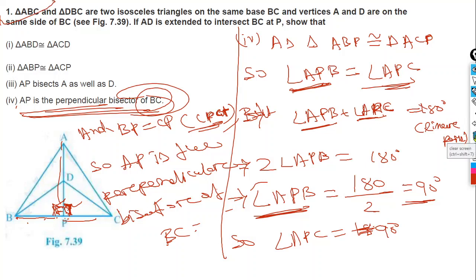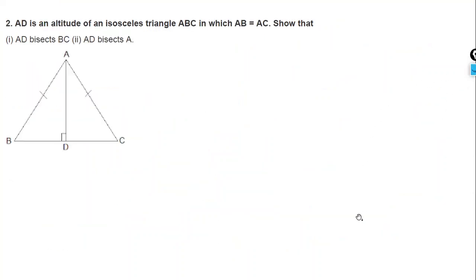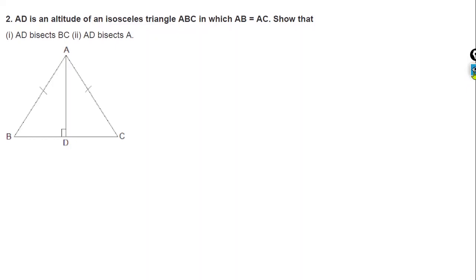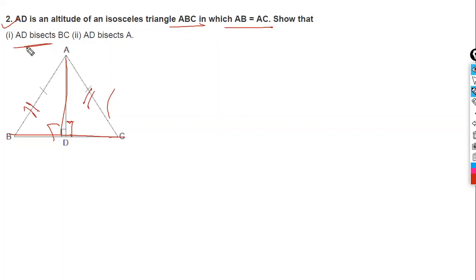We'll move to question number 2 now. Let's write: AD is an altitude of an isosceles triangle ABC. You have to draw a triangle ABC where AD is the altitude, so this angle is 90 degrees, in which AB equals AC.